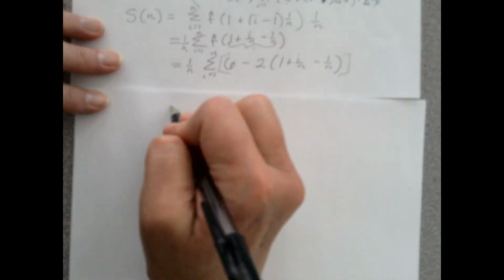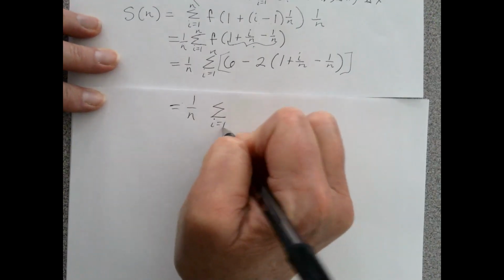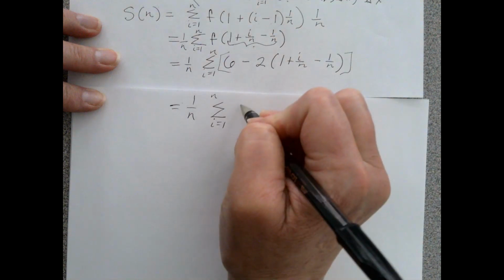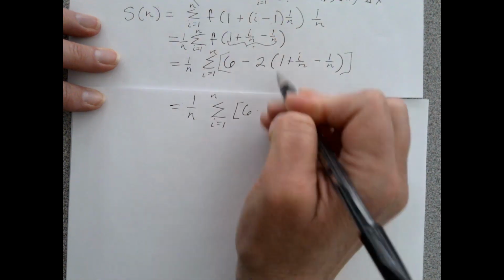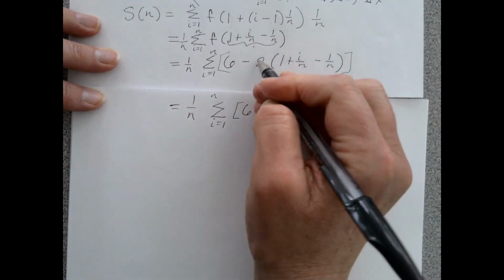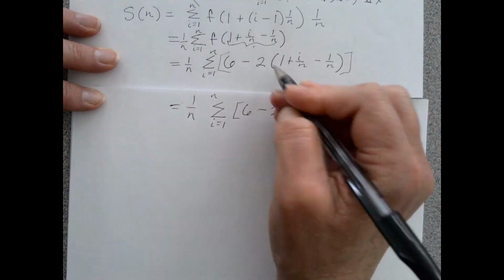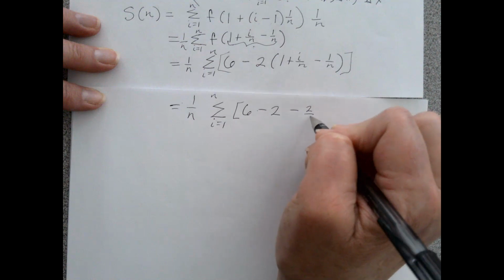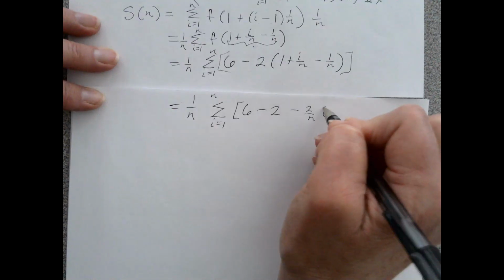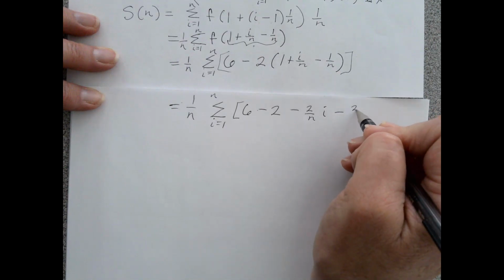Okay, so we have 1 over n times the summation i equals 1 to n of 6, and then we're going to multiply this negative 2 through, so negative 2 times 1 is negative 2, negative 2 times i over n is negative 2 over n times i, and then plus 2 over n.